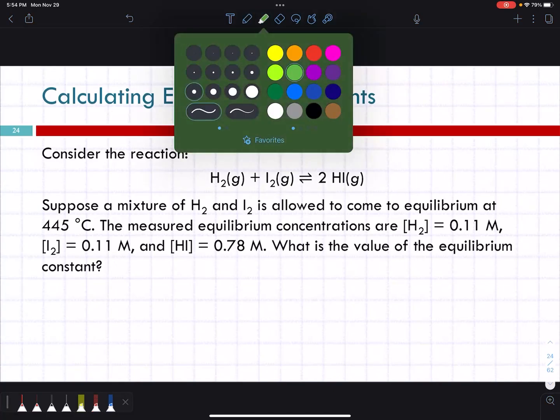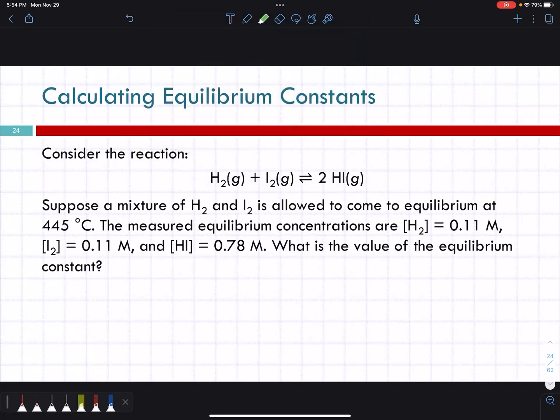So the keys here really are, we have a mixture allowed to come to equilibrium at 445 degrees C. The measured equilibrium concentrations are given, and we want to know what the equilibrium constant is. So this is where we can put together the equation to calculate that.